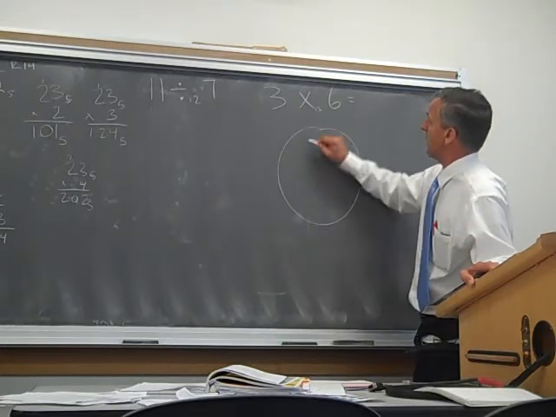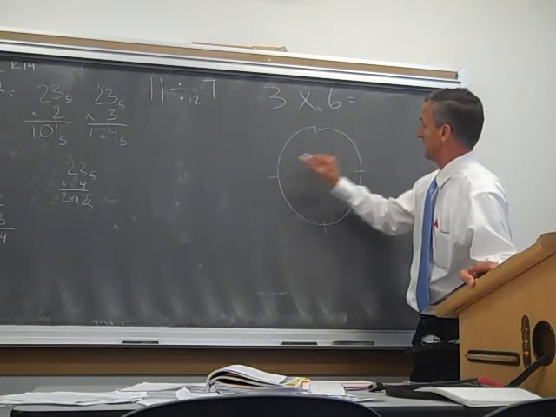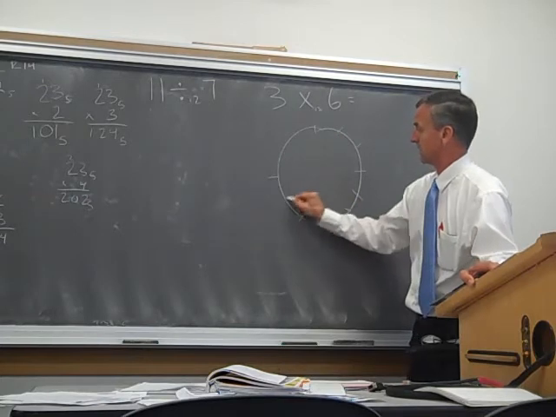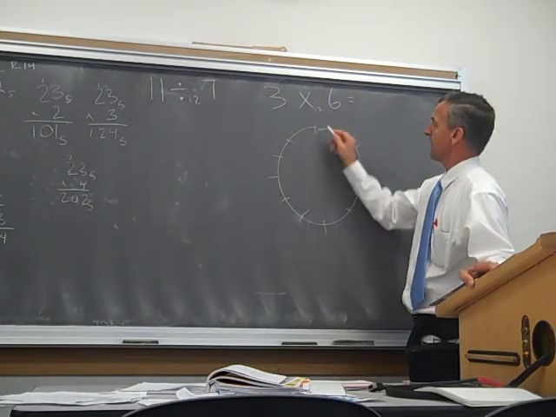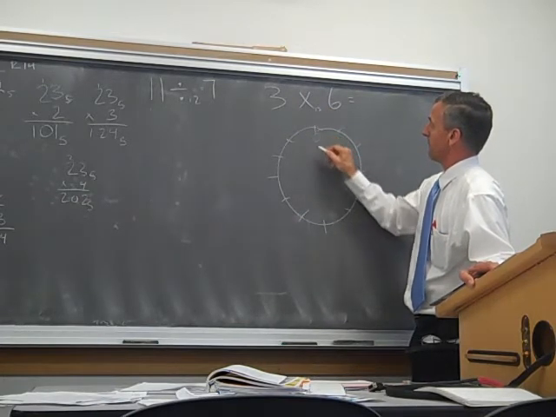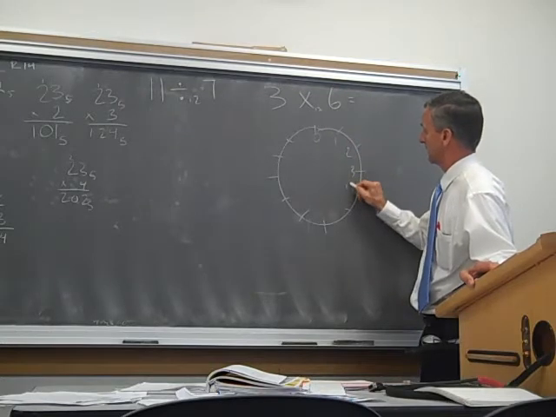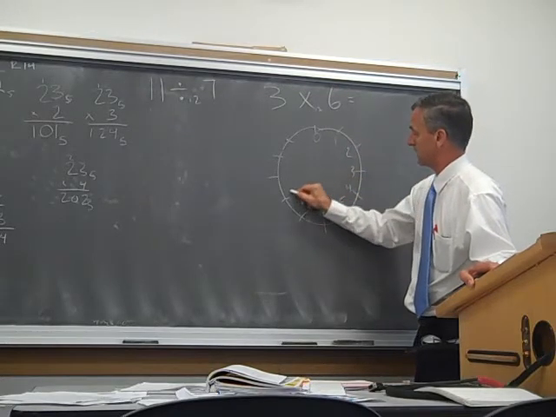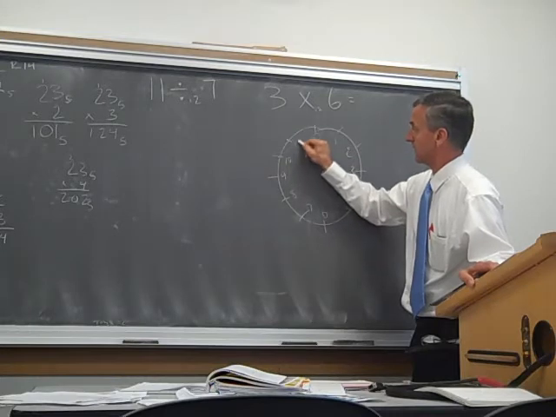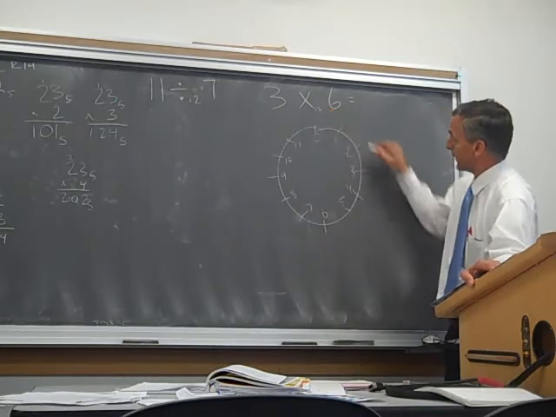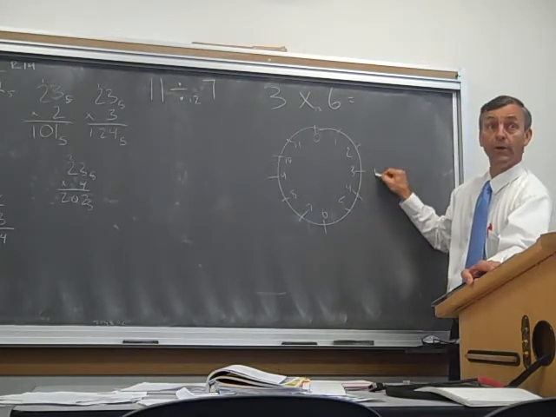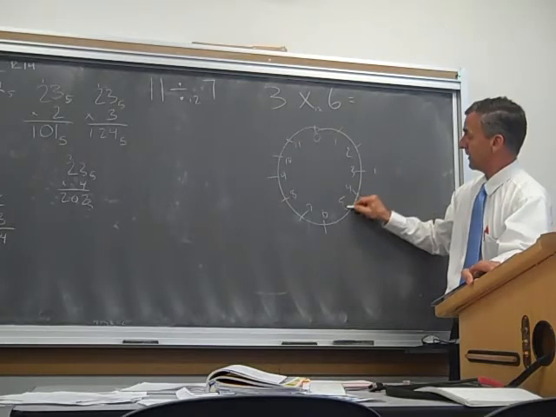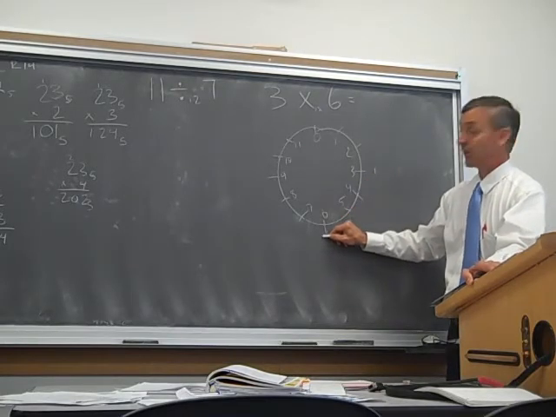So I get the clock. Clock 12, this is really a 0. And I'm going to go to 3. That's one group of 3. Then I'm going to go to 6. That's 2 groups.